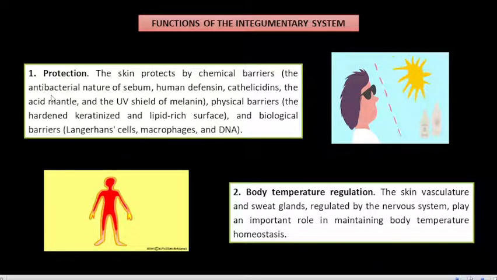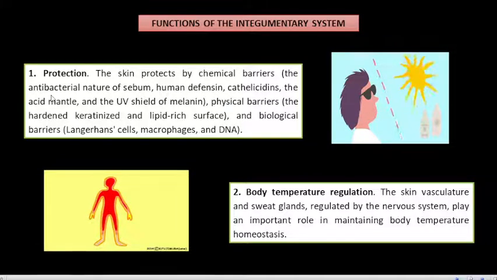Mantle, when we say mantle, parang covering, 'di ba? So it means that your acid mantle is serving as a barrier against different microbes such as bacteria, viruses, and other contaminants. So, paano niya ginagawa yon? Because some bacteria and viruses are not able to survive in an acidic environment. So, that's the function of the acid mantle.